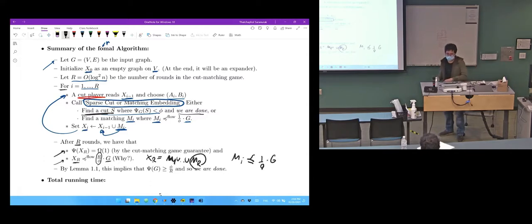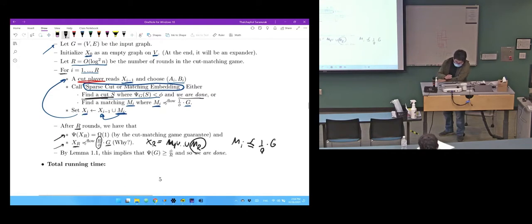So the total congestion is just R times 1/5. And you have seen that if you have an expander and you can embed it with this congestion, then it means that the graph itself has expansion this much. So now we are done.